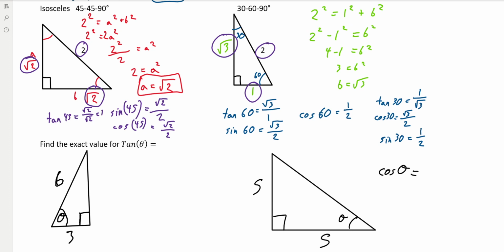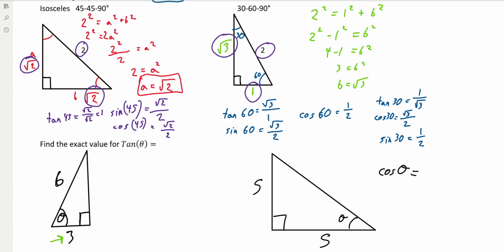Okay, so anyways, exact value for tan theta. Well, what we can do right away is we can look for something that gives us a clue. So the first clue is the size and shape of the triangle. But the second thing is this number is easy to look at and is not like a root of any sort. So that's helpful.